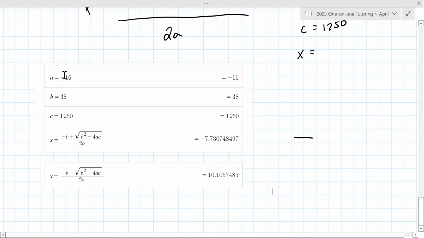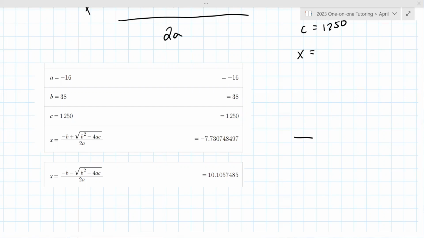So do you have the same numbers, -16, 38, 1250? Yeah. Is this one the same? The -7.73? Oh wait, I know what I did wrong. It happened again. Sorry about that.